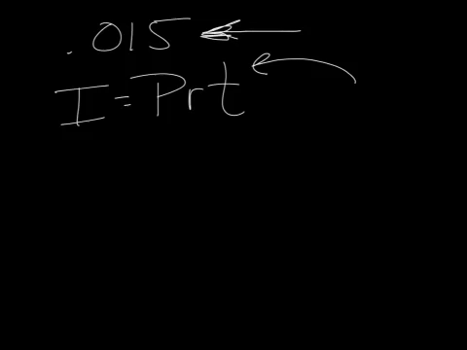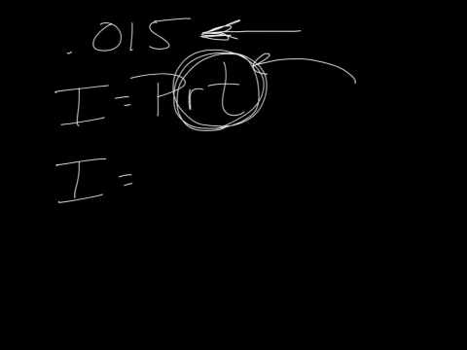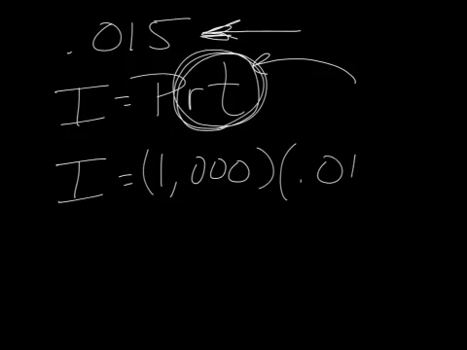We've already done this part of the formula by dividing that by 12. So all you need to do in these to calculate the interest is to take the principal, which in this case was $1,000, and multiply it by the interest rate. And we get $15. That's the interest.